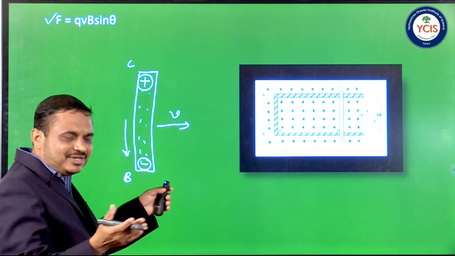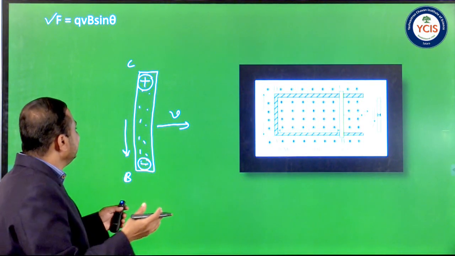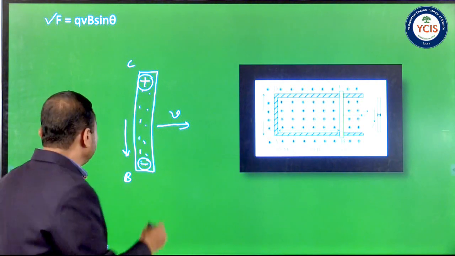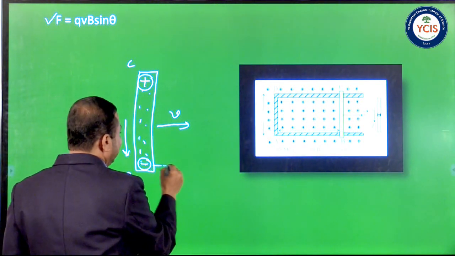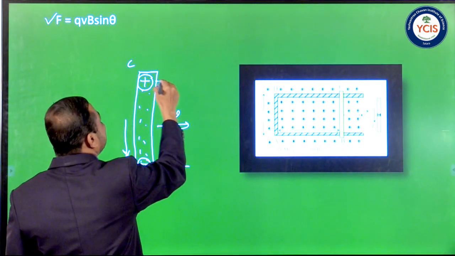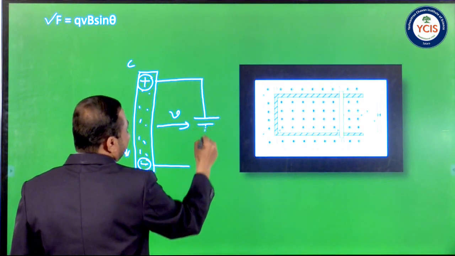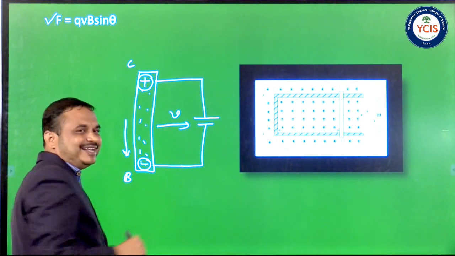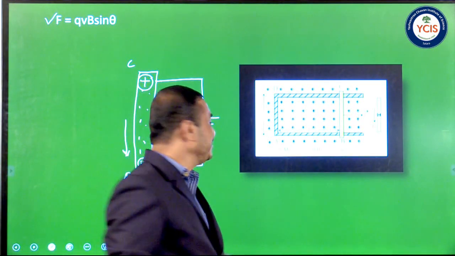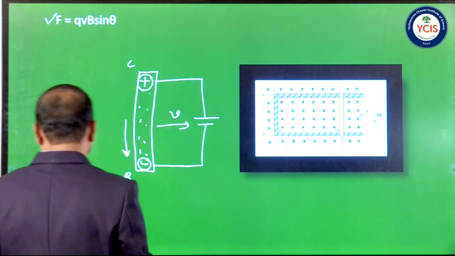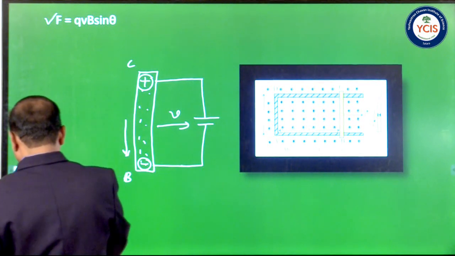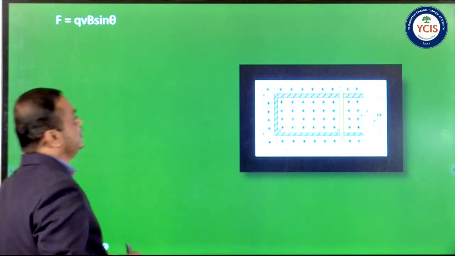This is equivalent to a battery. In this way, the conductor acts as a source of EMF, and we have to derive the expression for the magnitude of that EMF.